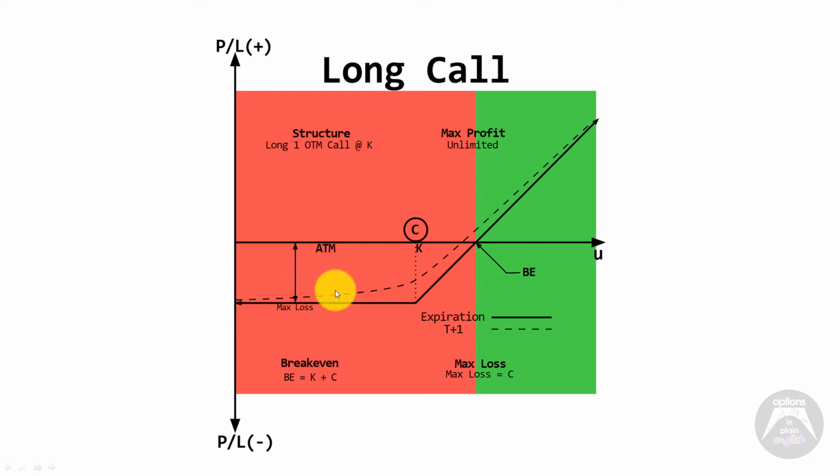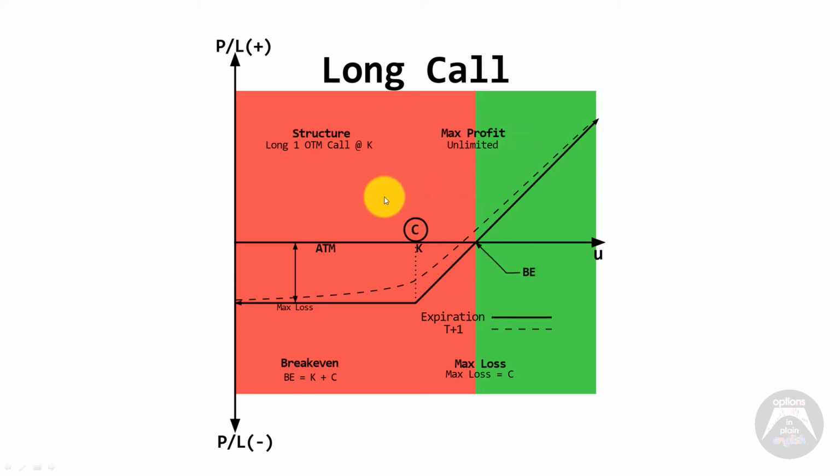The dashed line represents anything that is not at expiration but prior to it. This line is going to be changing day by day, starting over here and approaching ever so slowly the solid line until at expiration it becomes the solid line.